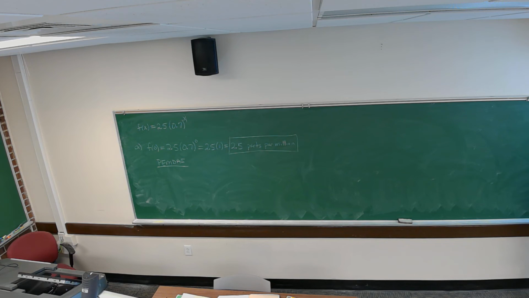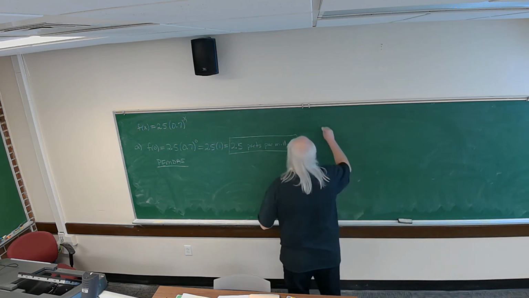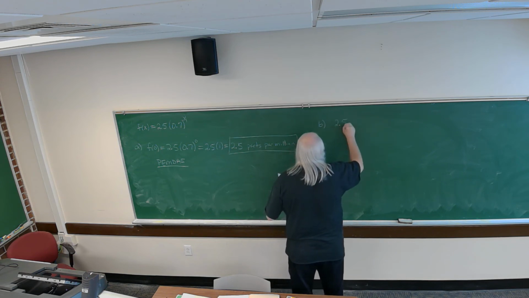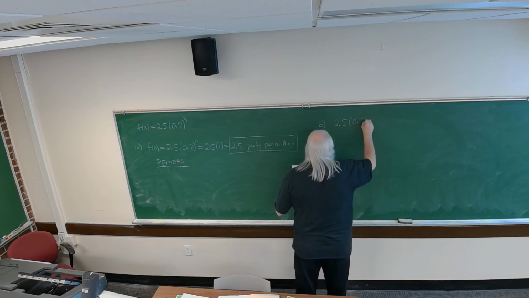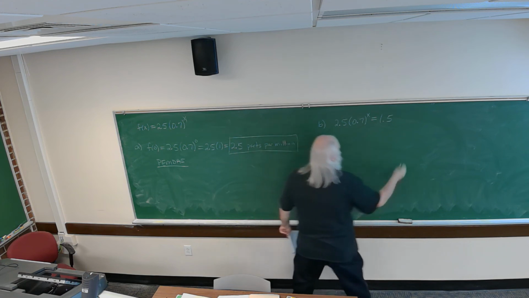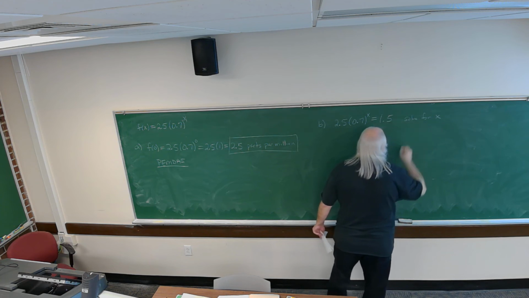So to find out how many days until it gets down to 1.5 parts per million, we replace f of x on the left-hand side with 1.5, and then we've got to solve for x. That'll give us the number of days until the chlorine decreases to 1.5 parts per million. So we set the right-hand side, 2.5 times 0.7 to the x, equal to 1.5, and then solve for x to see how many days it takes for the chlorine to get down to 1.5 parts per million.